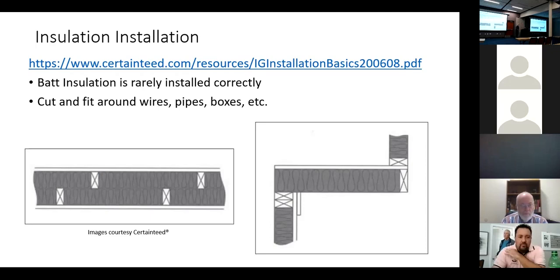If I recall correctly, in the 15 code there are 721 references to the manufacturer's installation instructions. We have to rely on them because all the listings for the products are based on it being installed in accordance with their instructions.